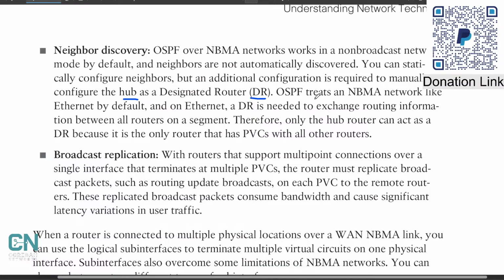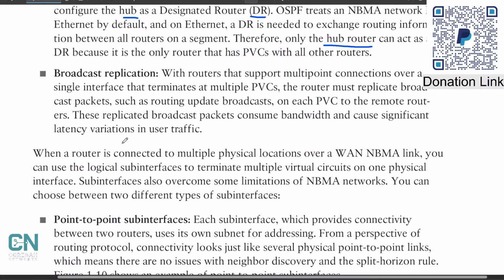OSPF treats an NBMA network like Ethernet by default, and on Ethernet, a DR is needed to exchange routing information between all routers on a segment. Therefore, only the hub router can act as a DR, because it is the only router that has PVCs with all other routers.